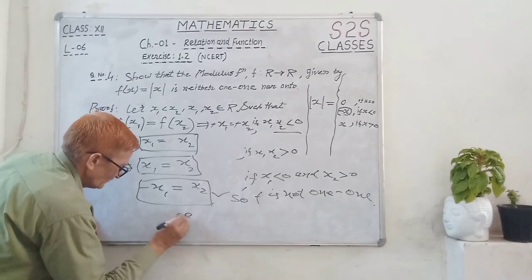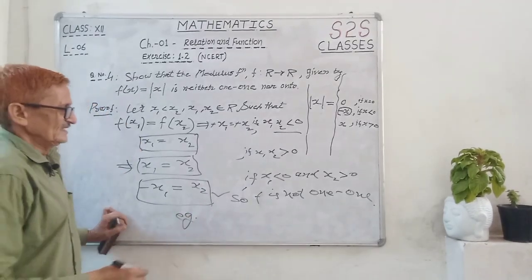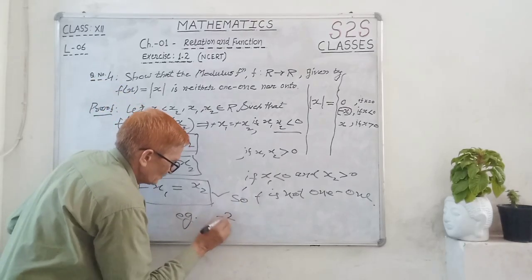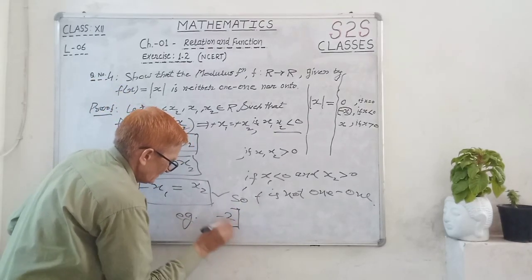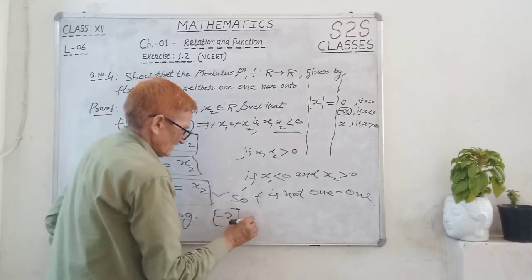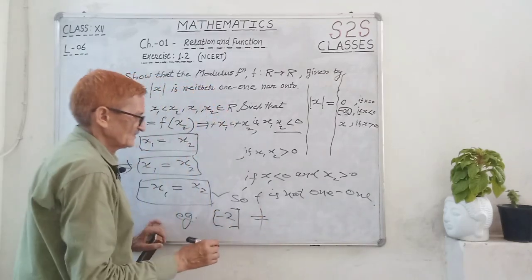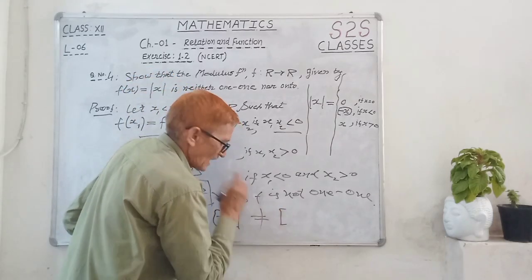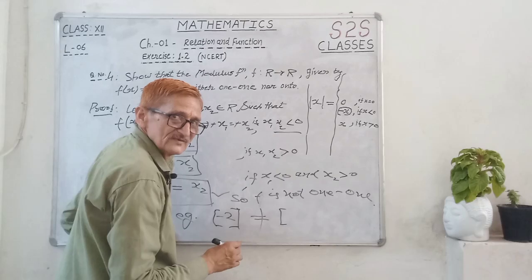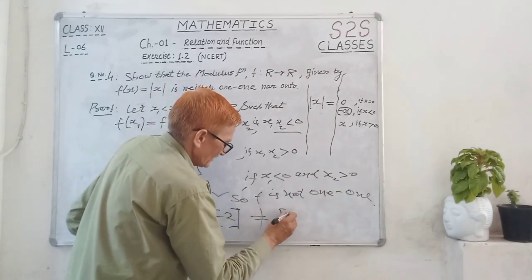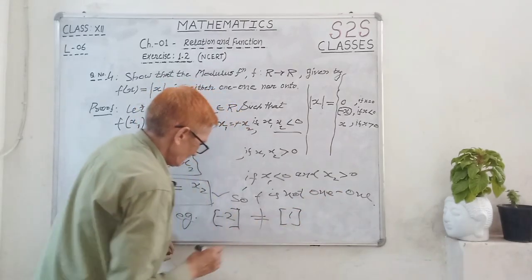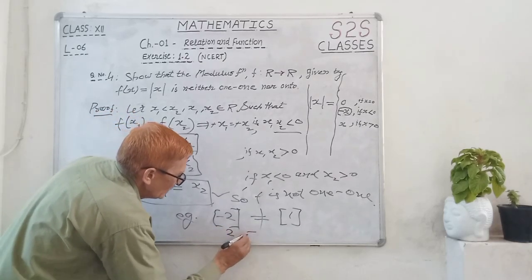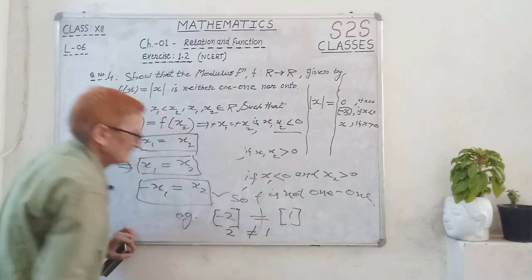Example: if x1 is less than 0, I am taking minus 2, and for the positive, any positive we are taking, I am taking positive 1. So the greatest integer of minus 2 is 2, not equal to 1.